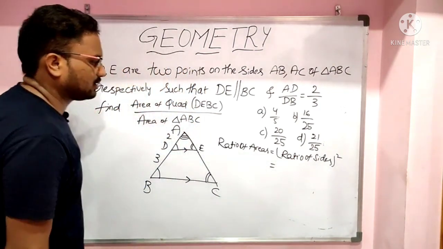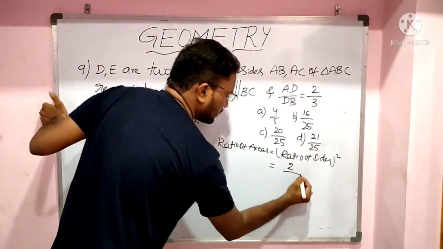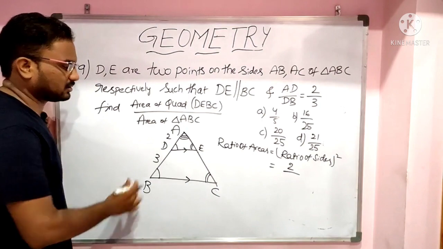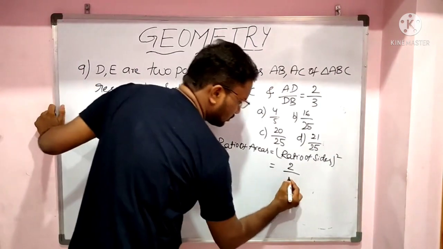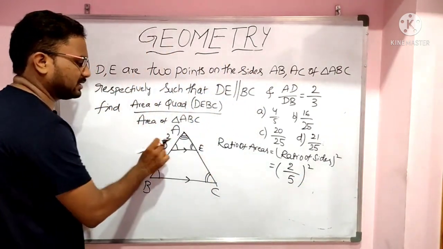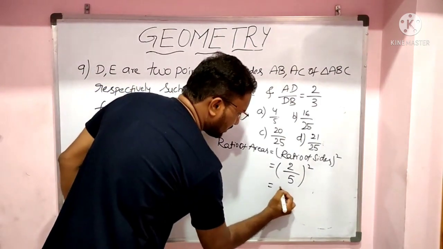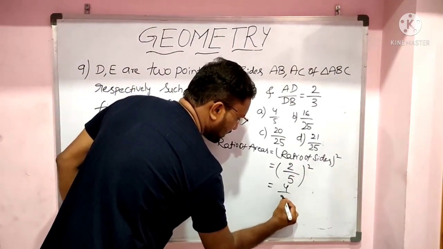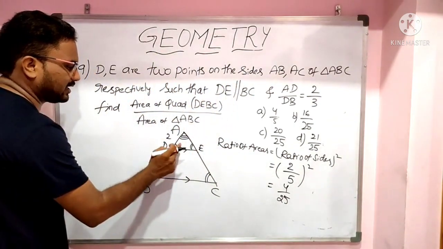In the small triangle the side is 2 and in the bigger triangle the side is total 2 plus 3, 5. So 2 by 5 whole square, 2 square, 4 by 25.